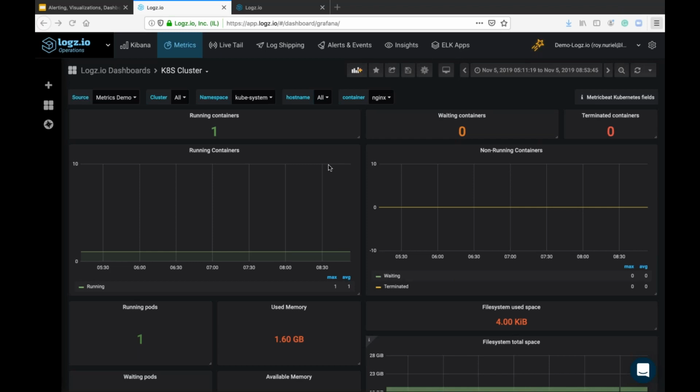And another one that we're using internally is, for some of the more custom metrics that we're looking at, we have appenders that we developed internally in the application that ship the metrics to Logz.io, and this is how we collect some of the custom metrics and expose them internally at Logz.io.